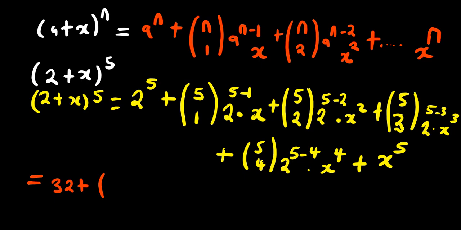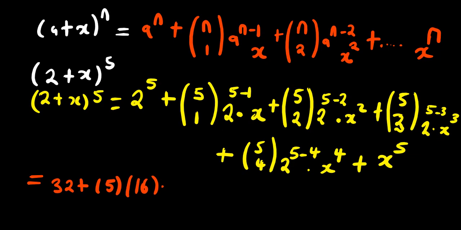We said any number combination 1 is just that same number. So I'm going to write my 5 there. Then this 5 is multiplying by 2 to the 5 minus 1 on top, that is just 4. Then 2 to the power 4, that is 16. So allow me to write my 16 here. So 5 is multiplying by 16.